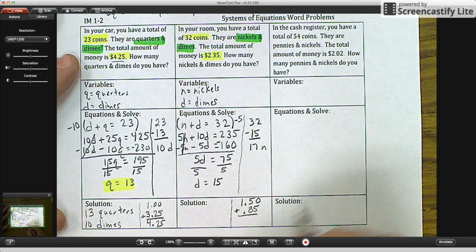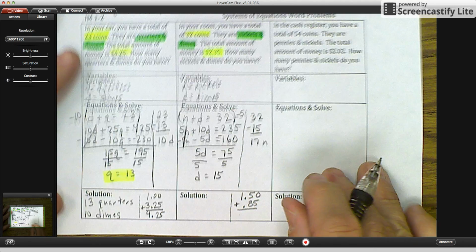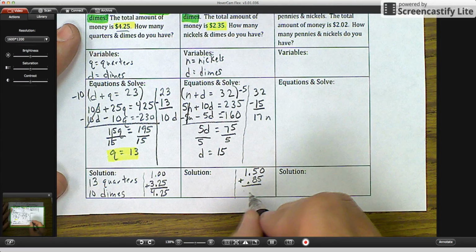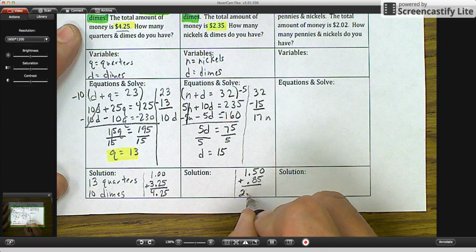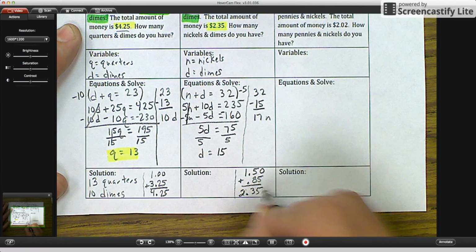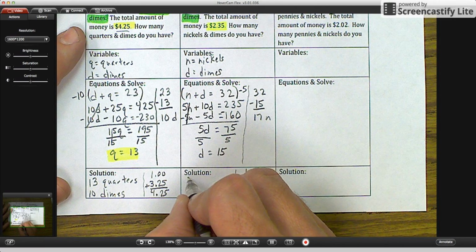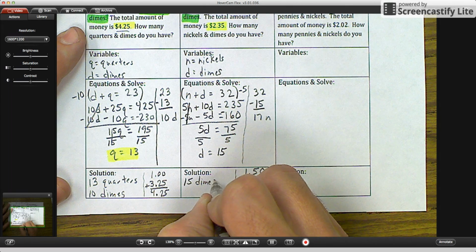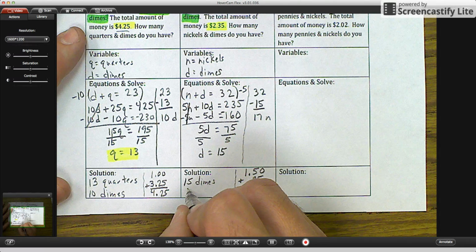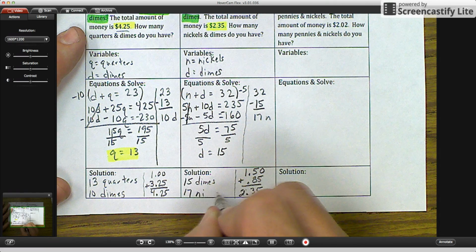Add them together, you would get, sorry, I'm running out of space again. You would get $2.35. So you have confirmed that it's 15 dimes and 17 nickels.